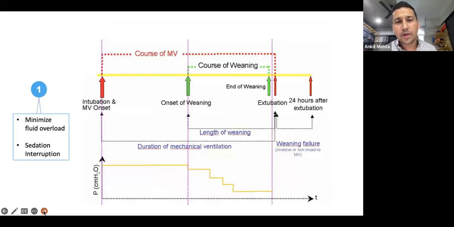So what I want to first highlight is the initial 72 hours or maybe the first 3 to 5 days. Apart from what we do routinely, which is giving the standard care, you should optimally look at the fluid balance, and also think about whether I should stop the sedation, whether my child is getting better or not, whether he is fitting into my timeline, and whether we should now think about probably a spontaneous breathing trial.